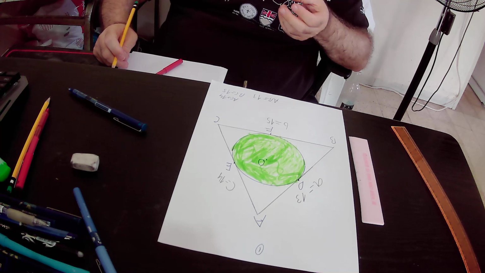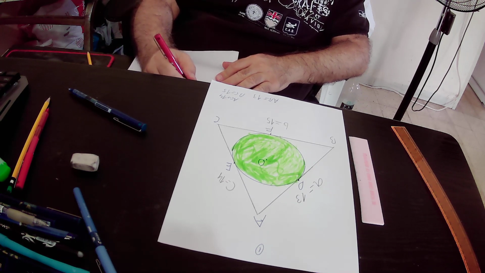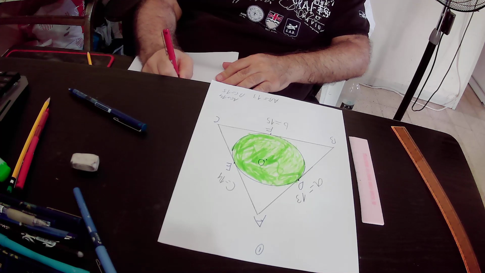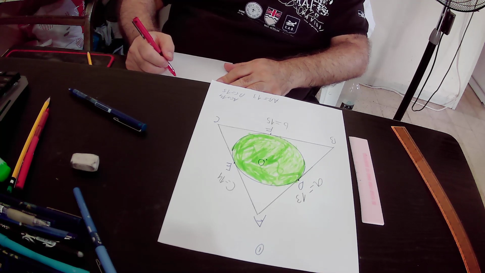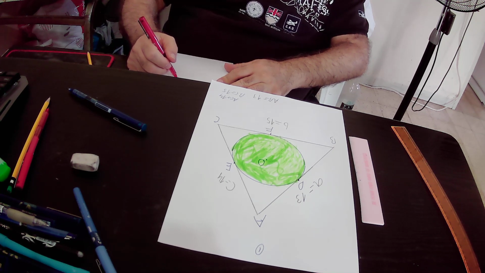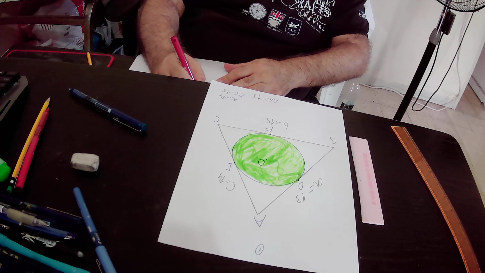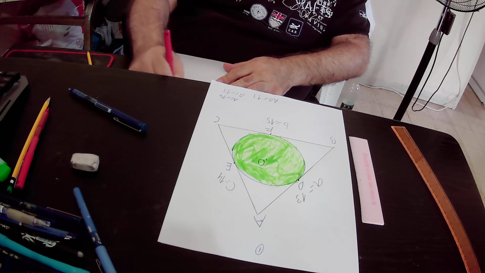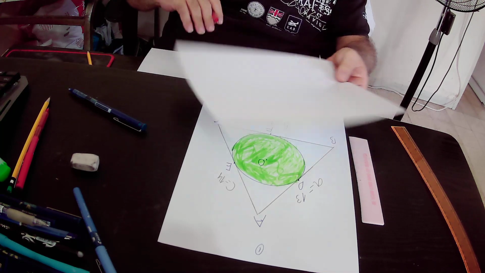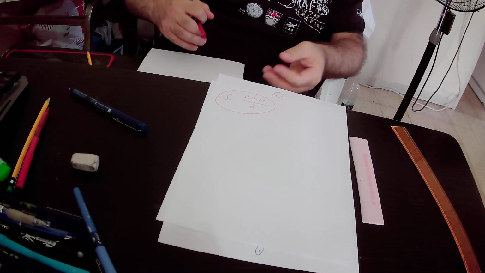So the semi-perimeter of our triangle ABC will be equal to A plus B plus C over 2, and we will define that the semi-perimeter is represented by the letter S. It is the abbreviation of semi-perimeter, so S, the semi-perimeter of our triangle ABC, equals A plus B plus C over 2.